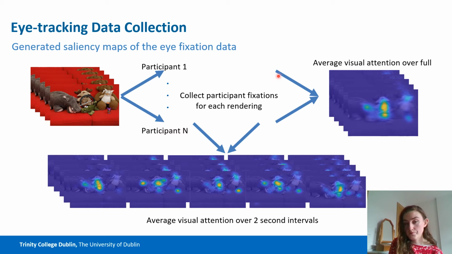These were then combined, and we used a Gaussian with a sigma equal to 1 degree of visual angle, and we generated a saliency map for each of the renderings over all participants. We also split the videos into 2-second intervals and calculated and generated saliency maps of each interval for all participants for each rendering for all light fields.